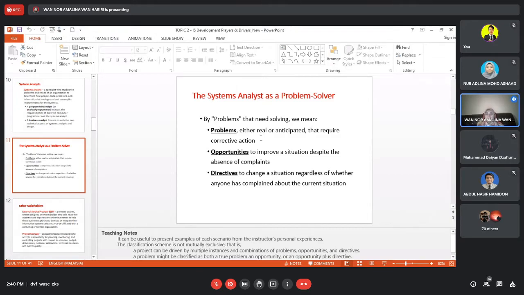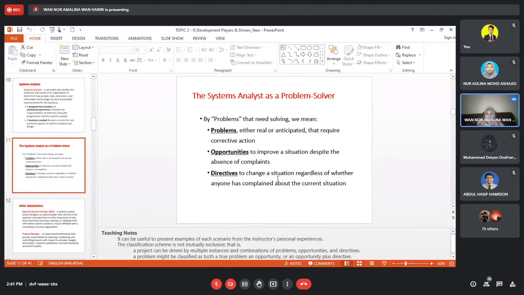But the problem can also be opportunities or directives. Opportunities are a situation where there is no complaint, everyone is happy with the current situation, but you have an idea to improve it. And thirdly is directives.